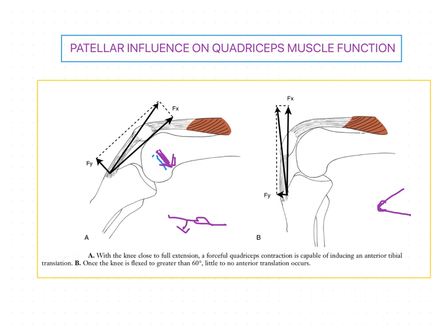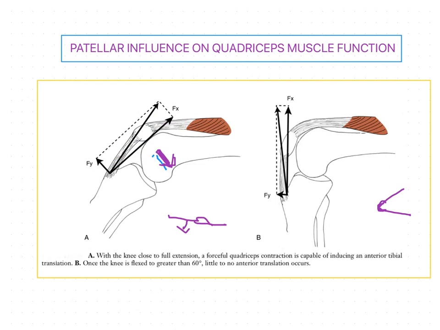If you see the action line and the joint axis distance, the distance is still farther than normal. With this it creates a rotational force, and the quadriceps maintains a fairly large moment arm.